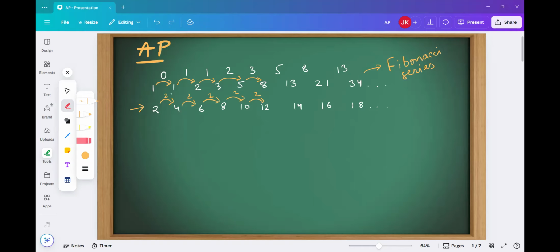What's the difference between this sequence and the other one? The difference is that here, the number which is added to the previous number is the same.